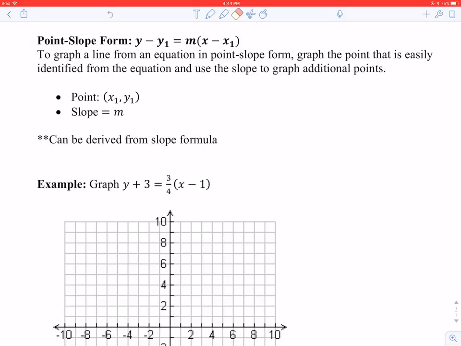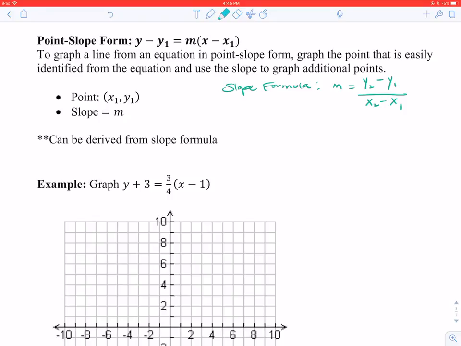And so for whatever reason, students seem to have trouble remembering point-slope form, but it's derived from the slope formula, which I think students tend to remember when they learn it. So the slope formula: m equals the change in, not x, sorry, it's been a long day, the change in y over the change in x.